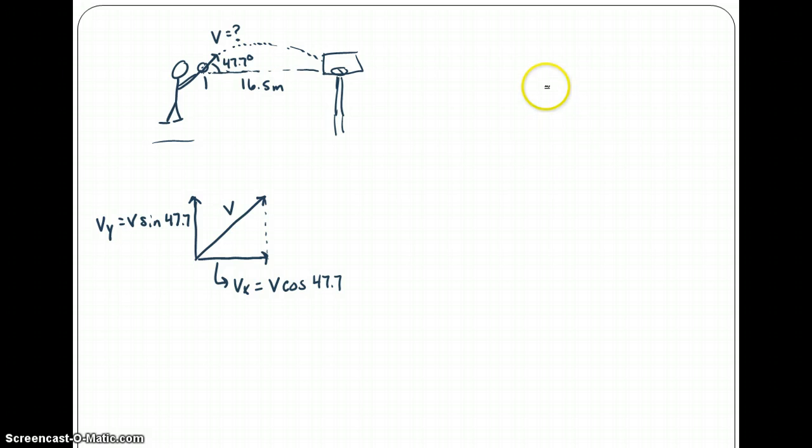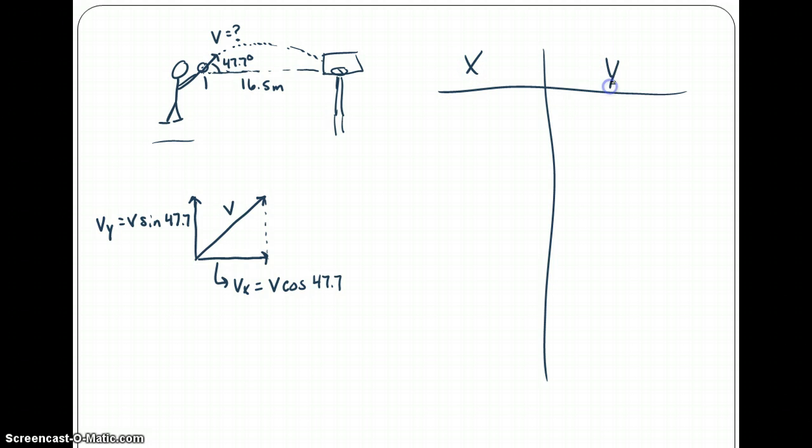Now just keep in mind that when we do these projectile problems, it's a story of what's going on in the x and a story of what's going on in the y. In the x direction, all the ball is doing is just moving across to the goal. That's all it's doing.